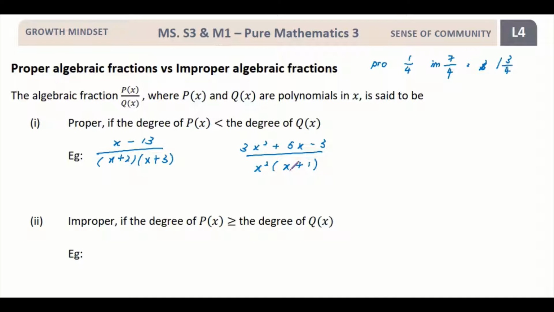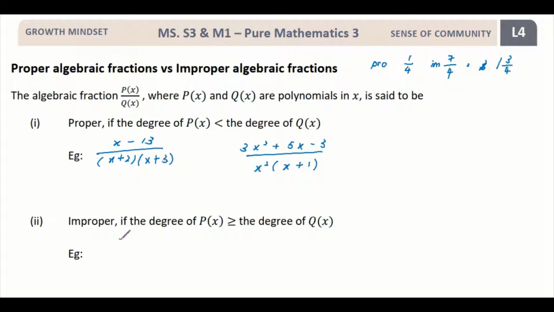As long as the degree of your numerator is smaller than the degree of your denominator, that is a proper algebraic fraction. So remember, it must be smaller. It cannot be equal. Anything that has a degree greater than or equal for the numerator and the denominator will be called improper.